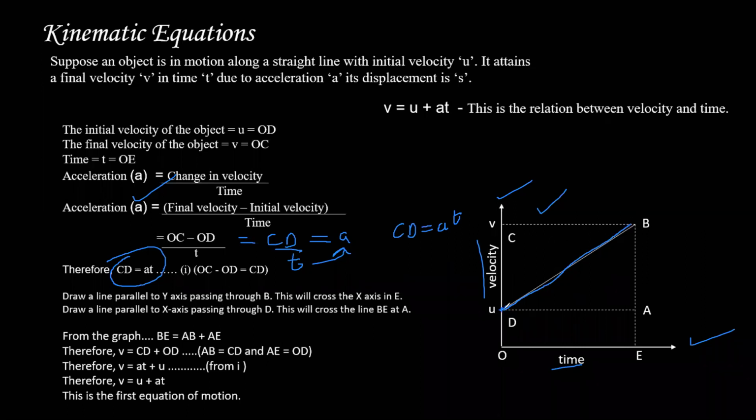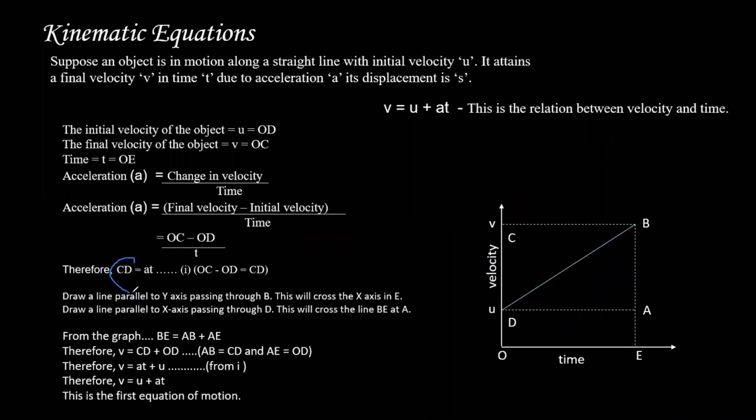The point where it started, the intercept on velocity का ये, you write u, and the point where it ended, you write v. Okay. So इस point से सिर्फ dotted line निकालो ऐसे, and why to do that is just to create a quadrilateral like this. ऐसे मस्त line निकालो ऐसे, intercept ढूंढो इसका. Okay. So ये सब होने के बाद then we'll continue. So we are at CD is equal to at.